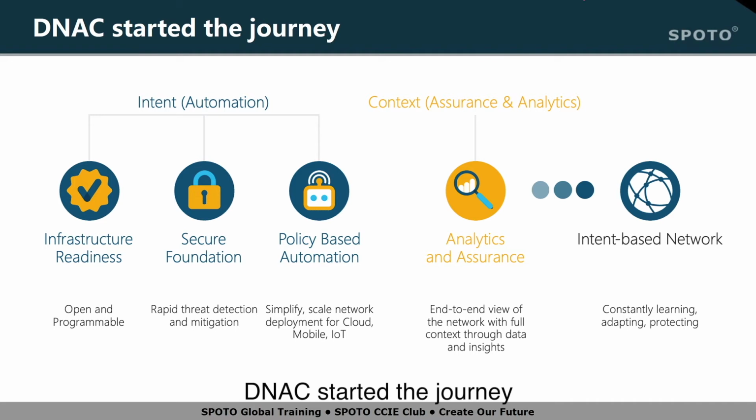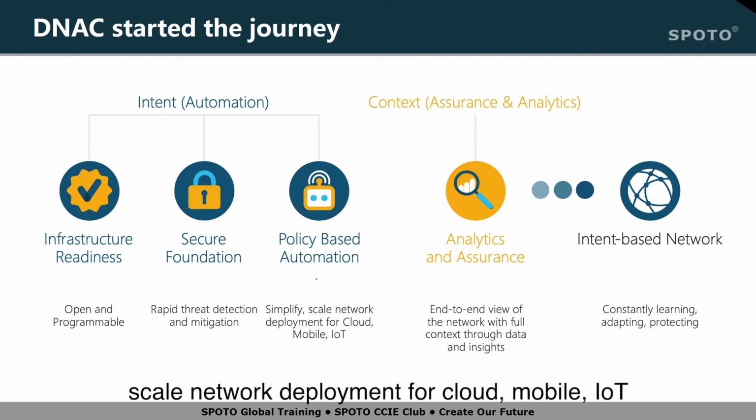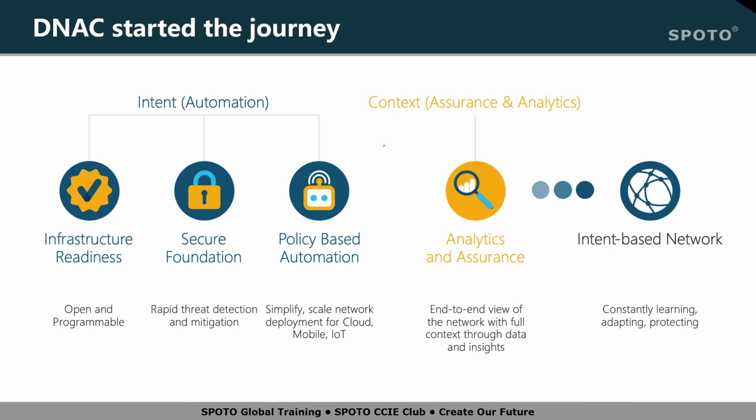DNAC started the journey. So the first is intent, automation. It provides infrastructure readiness, open and programmable. Also provides secure foundation, rapid threat detection and mitigation. Policy-based automation, simplify, scale network deployment for cloud, mobile, IoT.